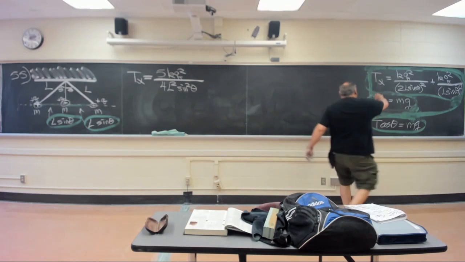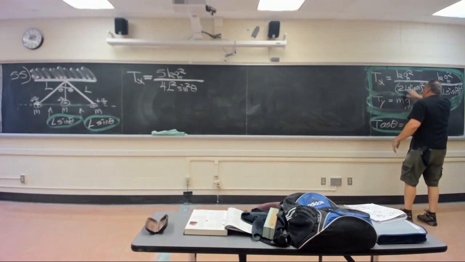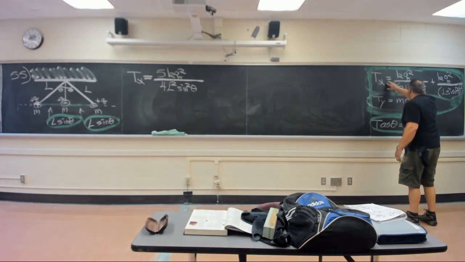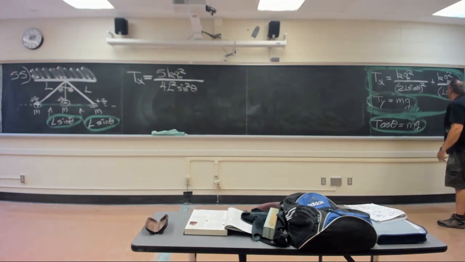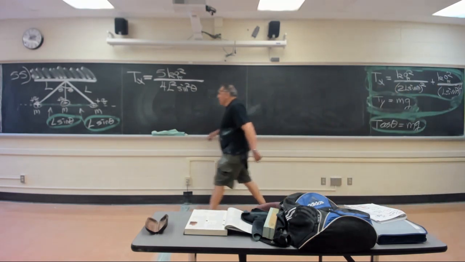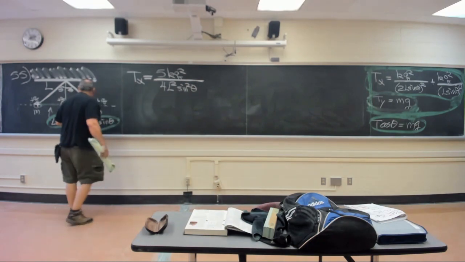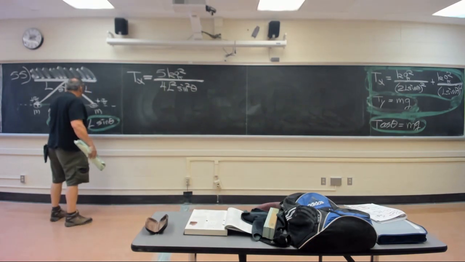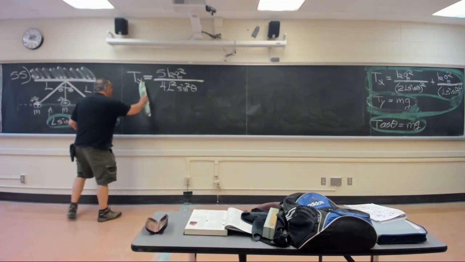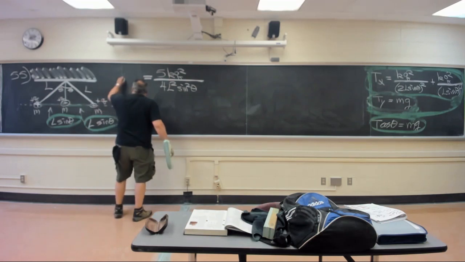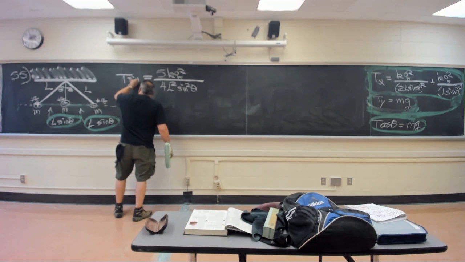We did t sub x equals kQ squared over the quantity 2L sine theta squared plus kQ squared over the quantity L sine theta squared. We added them together, we got all this over here. Didn't we say that t sub x, that way, is t times the sine of theta?